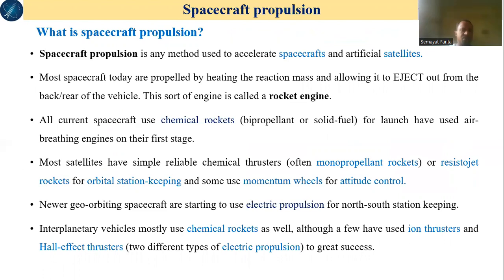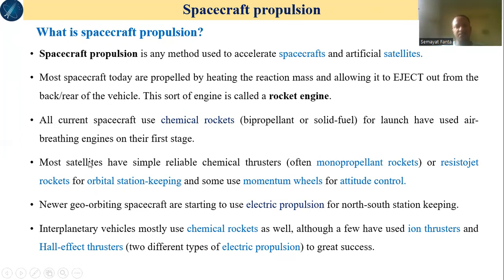Most spacecraft today are propelled by heating the reaction mass, the burnt fuel, and allowing it to eject out from the rear of the vehicle, which is called the nozzle. The rear of the vehicle has a nozzle which contains a convergent-divergent section. Why is it convergent-divergent? What is a nozzle? We will see it later. This sort of engine is called a rocket engine.